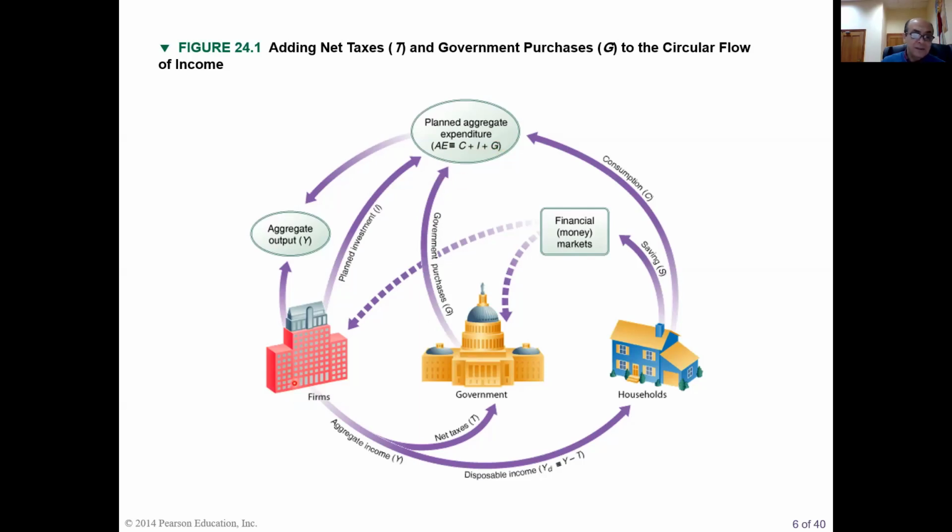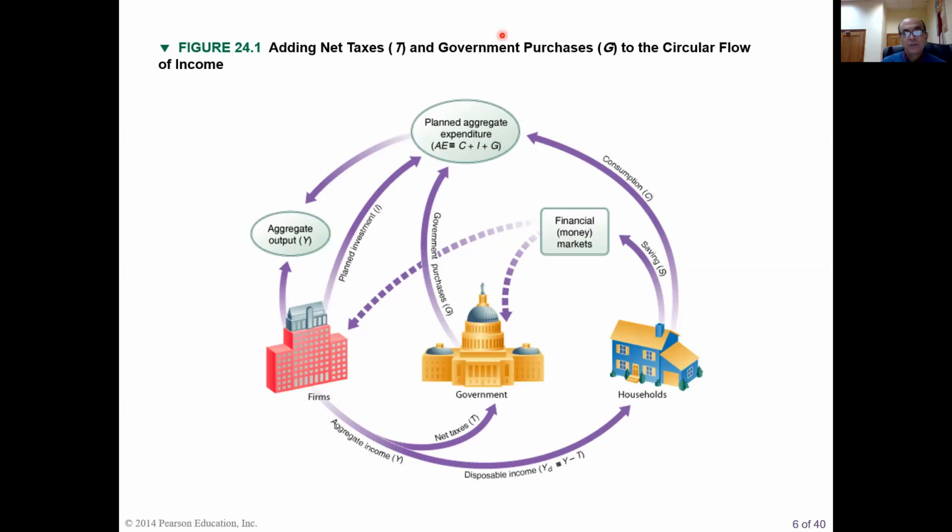At the same time, firms also borrow money from the bank to finance their transactions or their investment. And this is the second item in aggregate expenditure, meaning that aggregate expenditure equals C plus I plus G. C as consumption, I as investment, G as government expenditure.